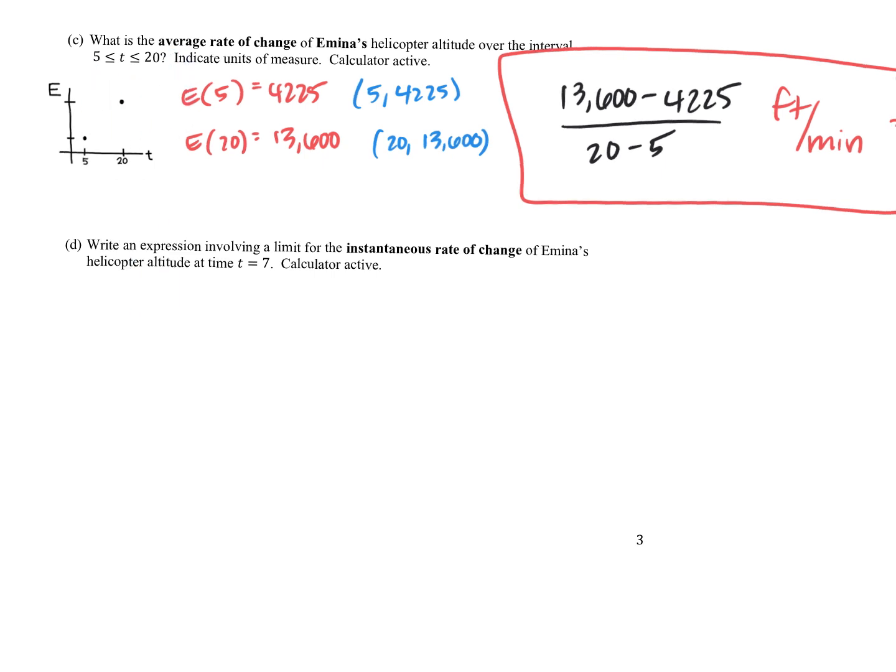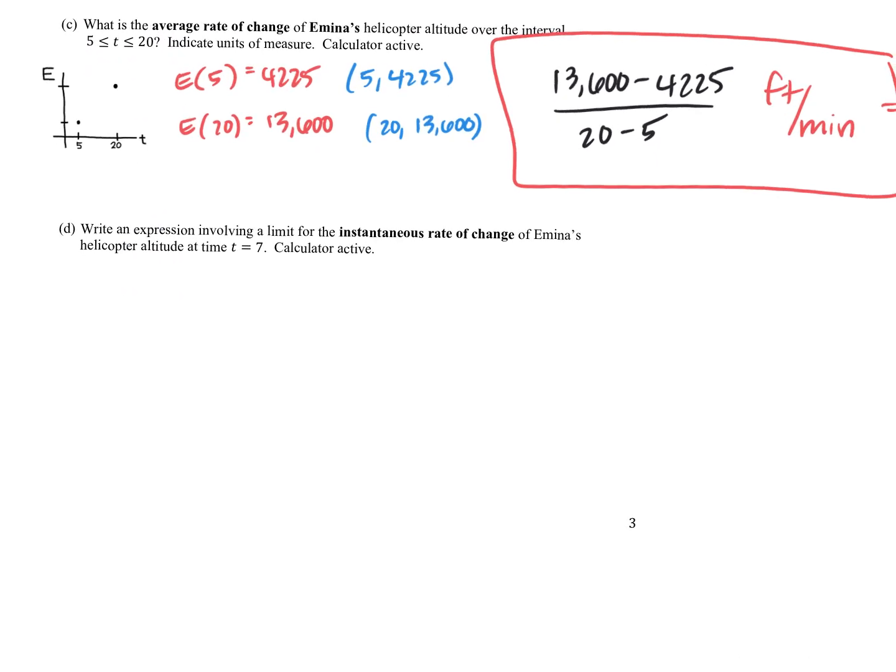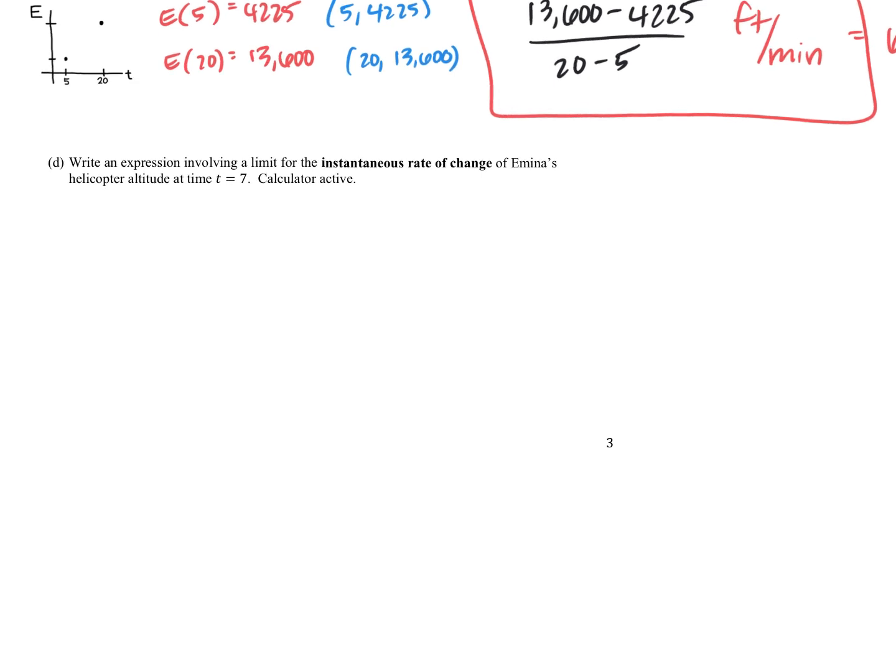So here's what we got, people. Let me just show you how much space this used. Here we go, the formal definition of the derivative. I'm going to write it out one more time. It's the limit as h approaches 0 of f of x plus h minus f of x all over h. That's the formal definition of the derivative. This is to find the instantaneous rate of change.